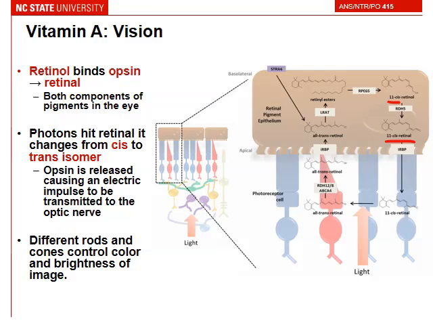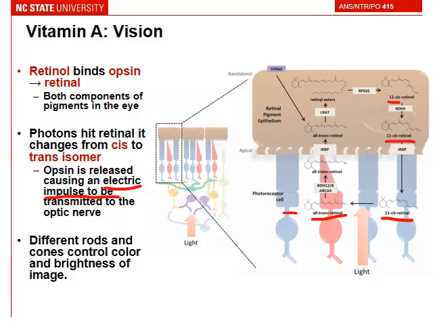We have our photon of light hit it, and then we have a conformational change going from 11-cis to an all-trans retinal formed. And when we do that, we release opsin, and the release of the opsin is what's causing an electrical impulse to be transmitted down the optic nerve.